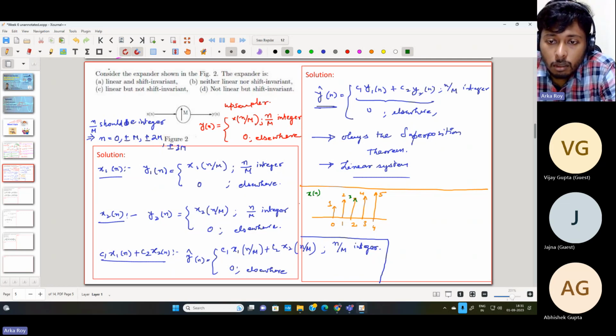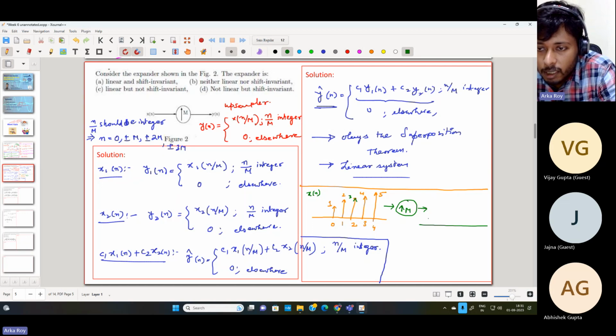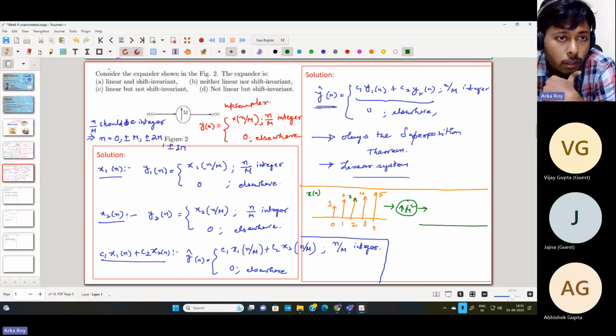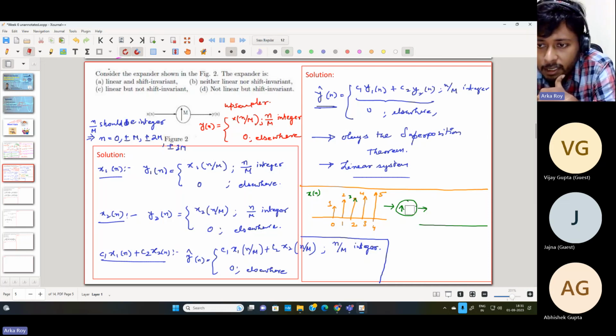Okay, so this is what xn looks like. Now, given this particular xn, let us consider we are feeding it into the upsampler system and we'll get some output over here. Let us consider a factor of m equal to 2, so we'll be upsampling by a factor of 2, or let us consider a generalized case, m.